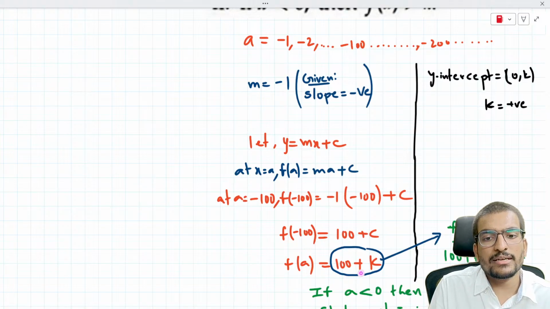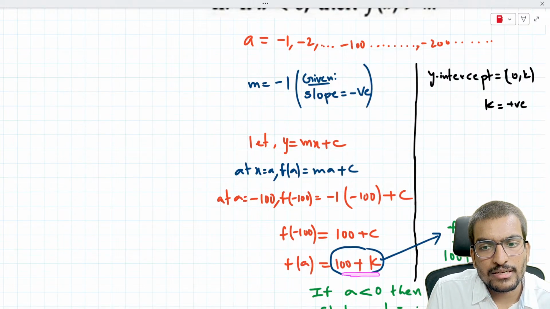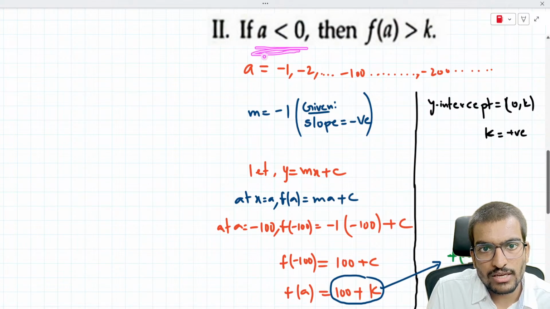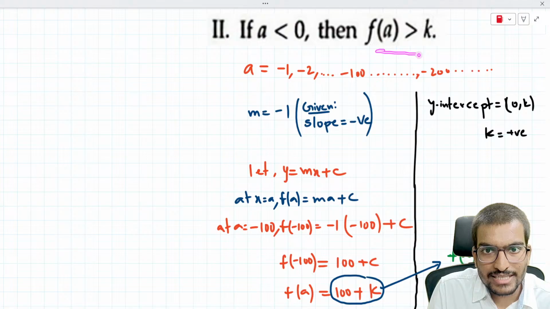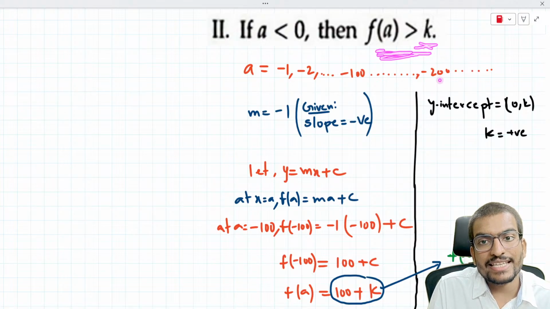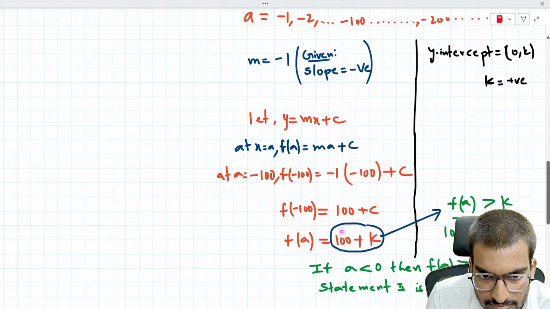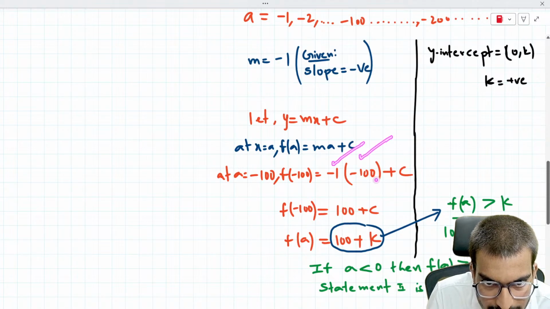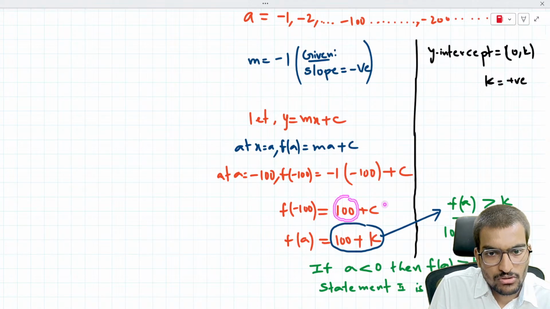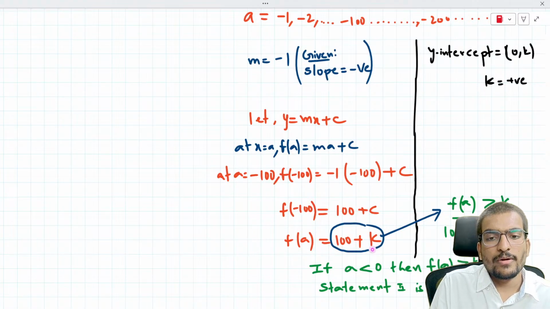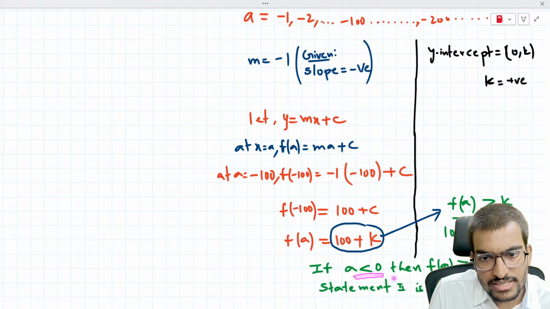I am getting 100 plus k, which means if a value is less than 0, then f of a is greater than k. How is it correct? Because your slope and the number you're taking become positive, along with that you have a constant. So if a value is less than 0, then f of a is greater than k.